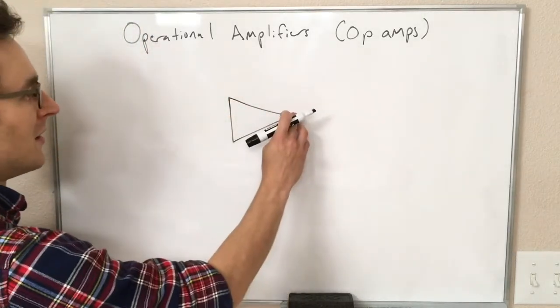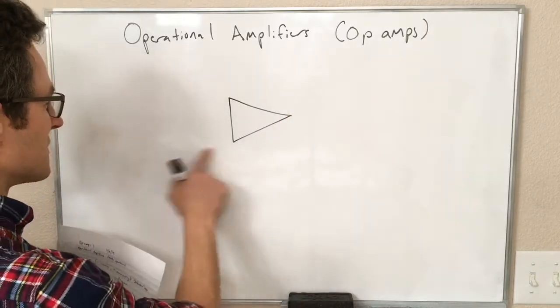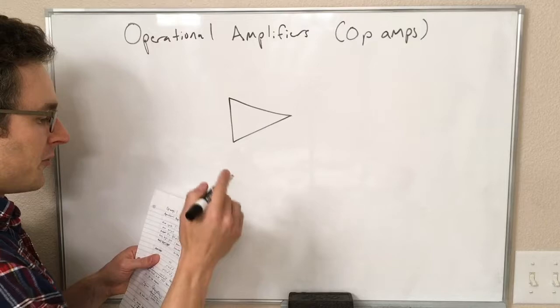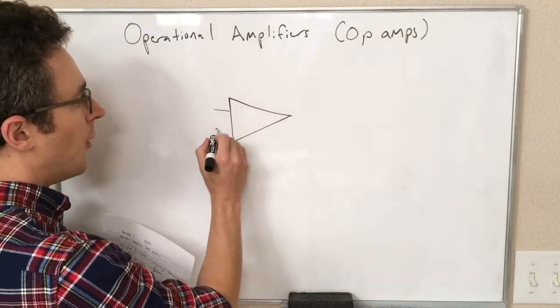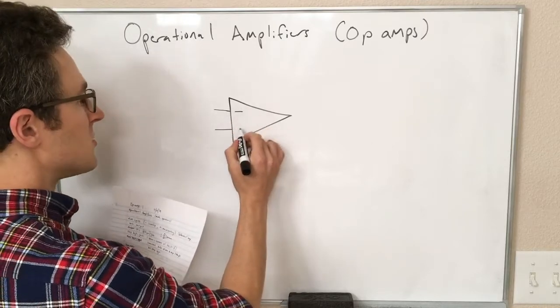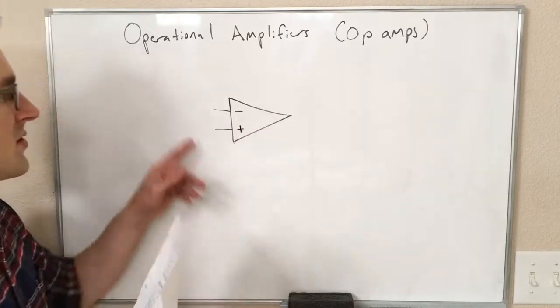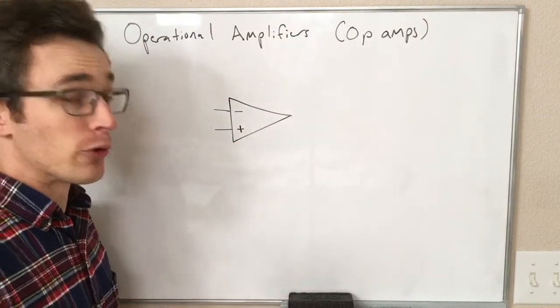It is a triangle because it uses the general amplifier symbol. What's different about this is it has two inputs, and one of these is labeled plus and one of these is labeled minus. So this symbol right here is sometimes just used for any sort of differential amplifier.